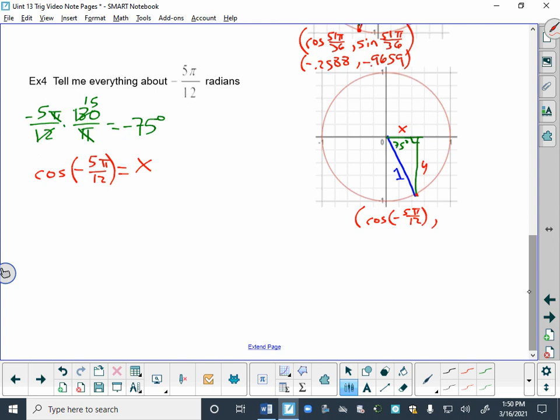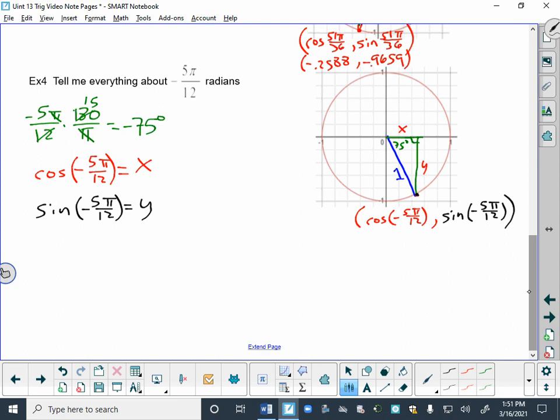And my y-coordinate, I'll do that one in a different color. My y is the opposite, so that would be the sine of the -5 pi over 12 is equal to y divided by 1. So my y-coordinate is just the sine of -5 pi over 12. So these are the coordinates of those points.